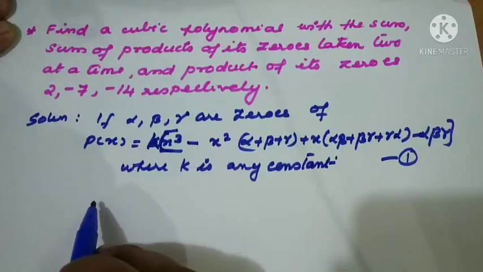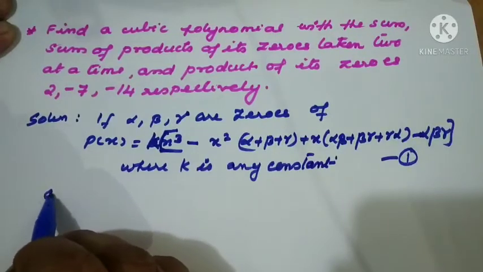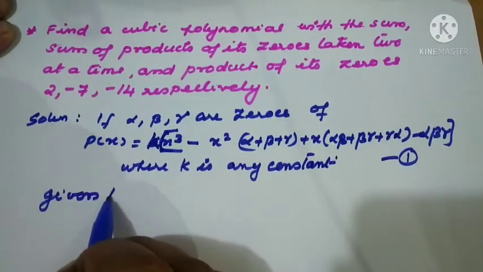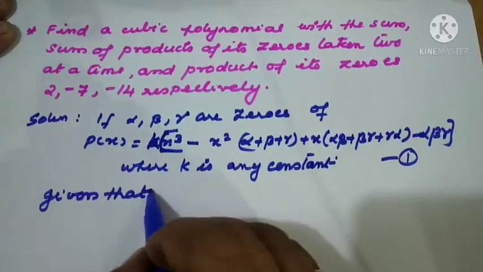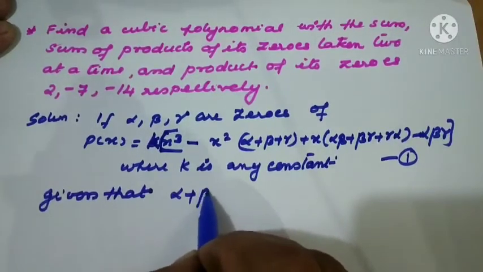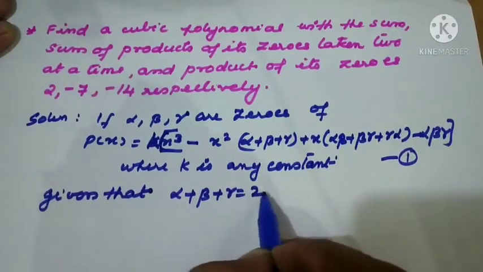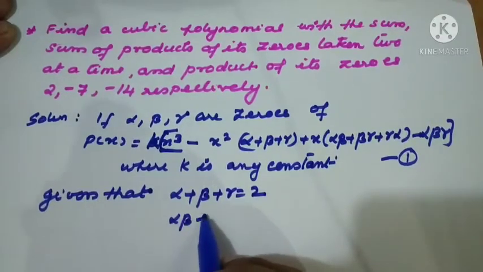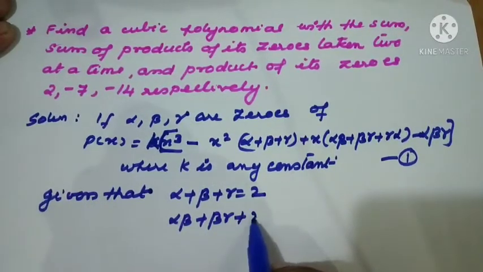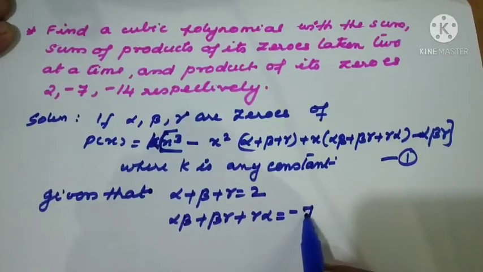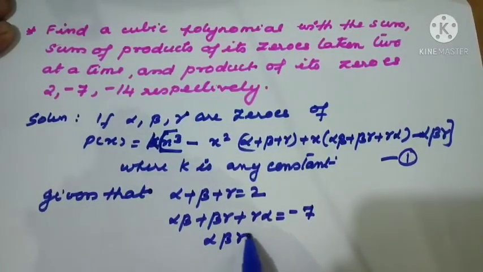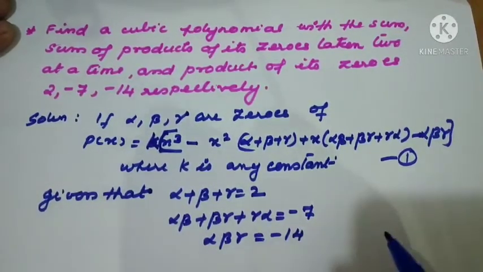One more point. What is given? Given that alpha plus beta plus gamma equal to 2, alpha beta plus beta gamma plus gamma alpha equal to minus 7, and alpha beta gamma equal to minus 14.